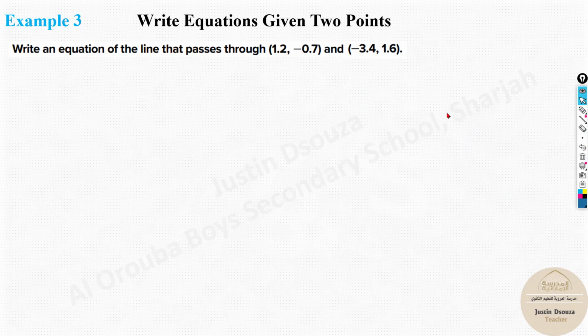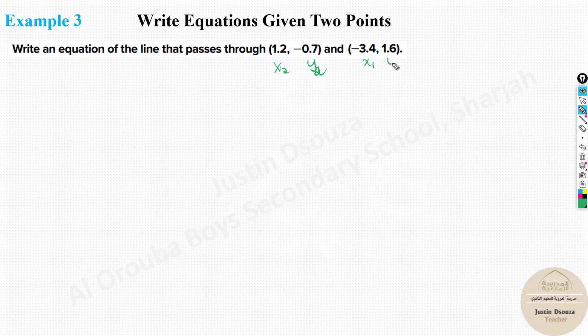Here we have to write an equation of the line that passes through these particular points. First thing, it's up to you to choose the x value. You can choose whichever you want. You can write this as x2 if you want, that's fine. This can be y1, y2 then. If this is x2, this should be y2.